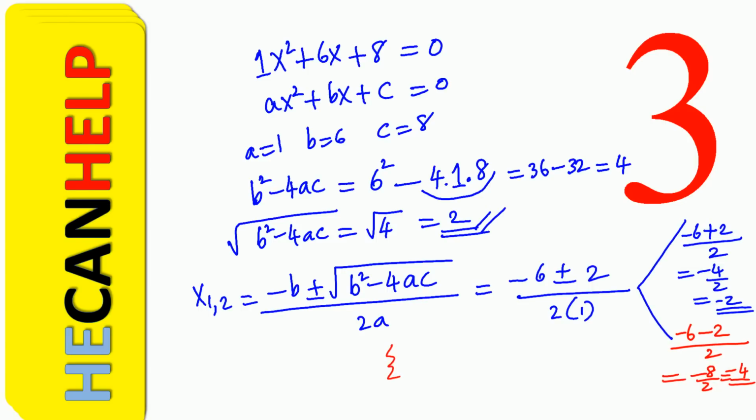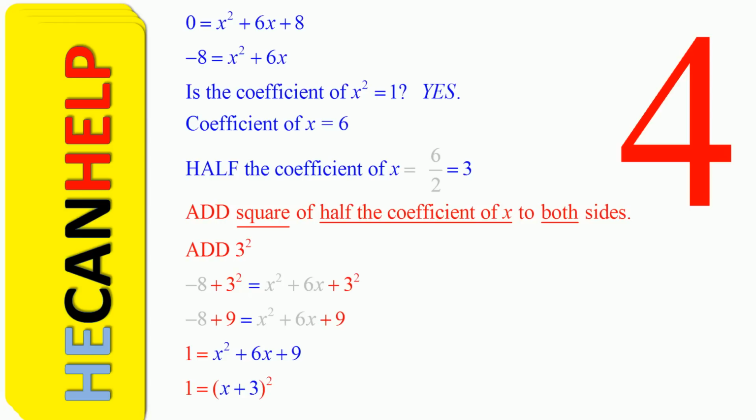So our solution set is negative 4, negative 2. Let's also do the check. So this is our original equation. Substitute x equals negative 2. And what do we get? 4 minus 12 plus 8, and that is equal to 0. When you substitute x equals -4, 16 minus 24 plus 8, and that is also equal to 0. So both are okay.